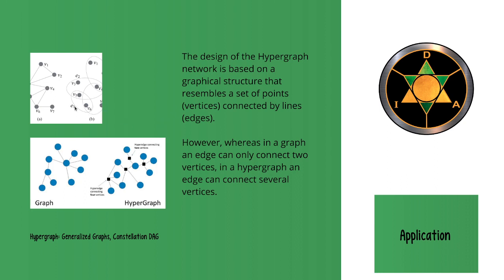So the difference between graphs, as you can see here, and this structure is very easy to spotlight. When you look at this, what's happening is that we have edges, those lines, and vertices.